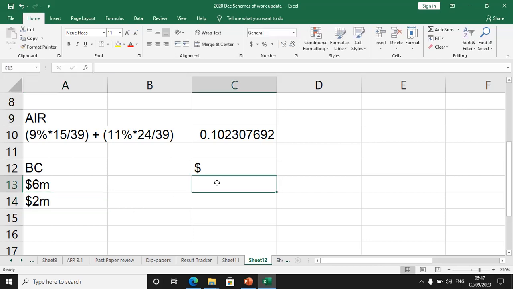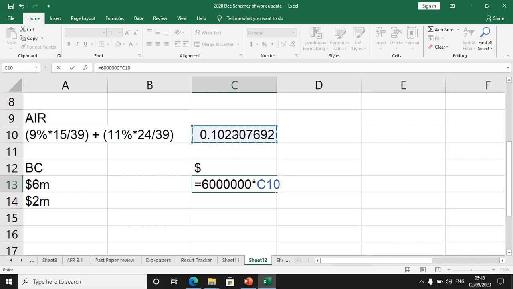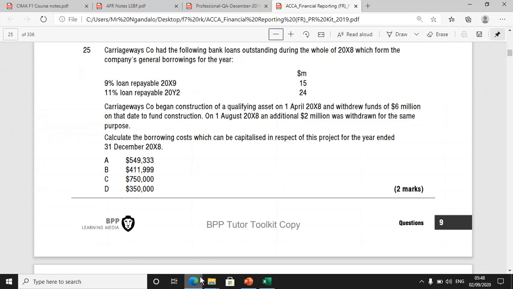So there we go, 6 million multiplied by that figure there. Then I multiply that by, let us turn back to the question and see the rules here. The company began construction of a qualifying asset on 1st April and withdrew 6 million on that date.